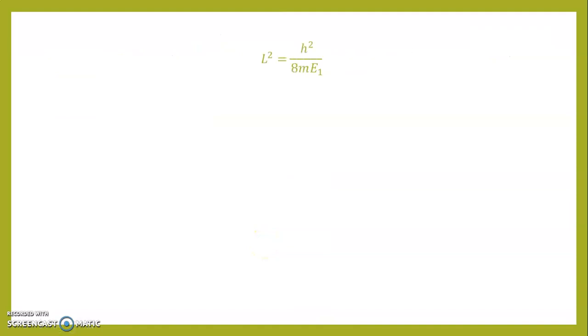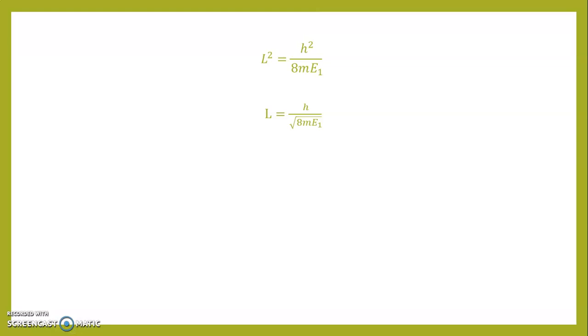But we want the width, so as L square is h square upon 8 m E1, to get the value of L, take its square root. So L is h upon root of 8 m E1. Why is h not in the square root? Because this is h square, so the square root of h square is only h.